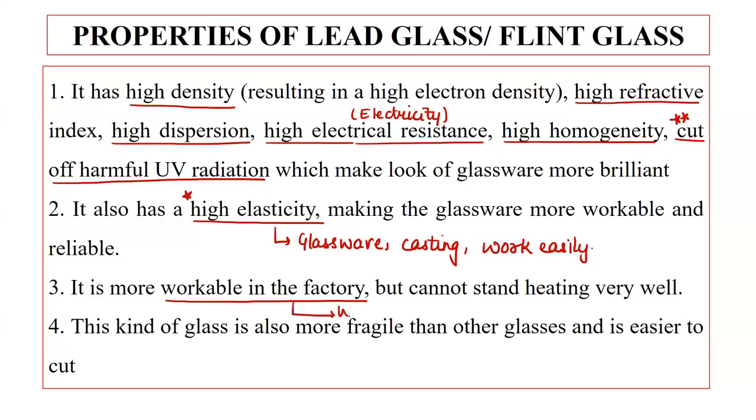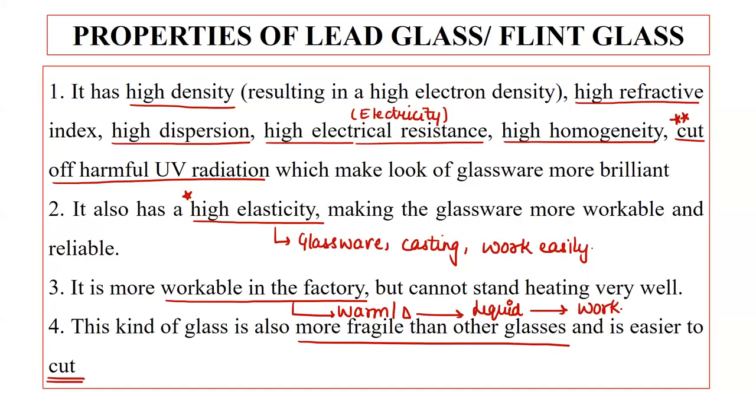Because whenever we warm it or heat it slightly, it gets converted into a liquid state and after that you can work easily with this glass. Another property: it is more fragile than other types of glass, and due to its fragile nature, it is easy to cut. So these are the properties associated with lead glass.